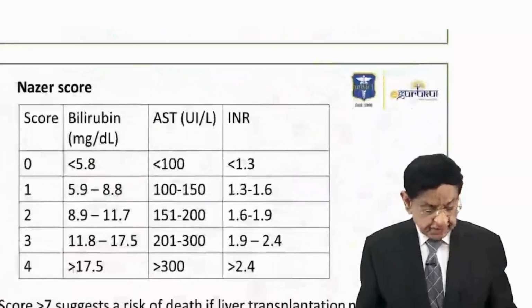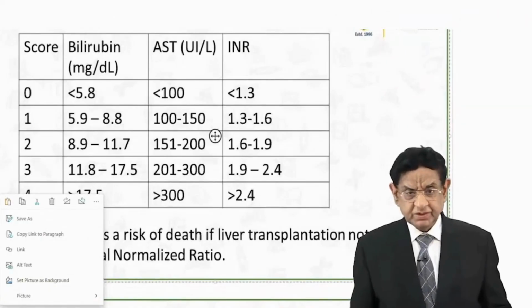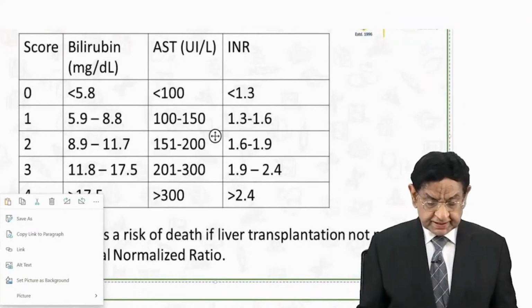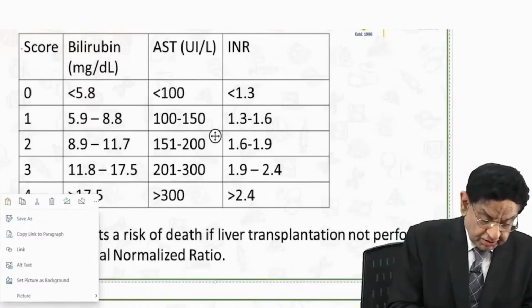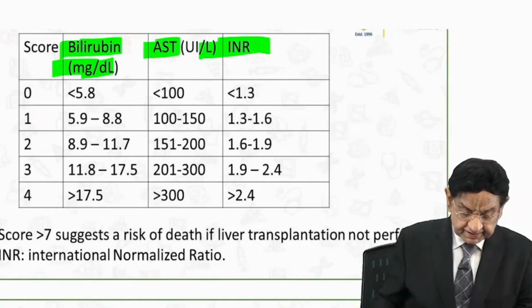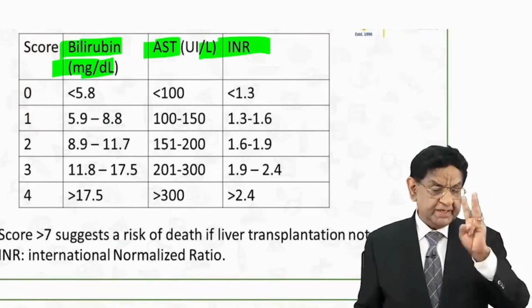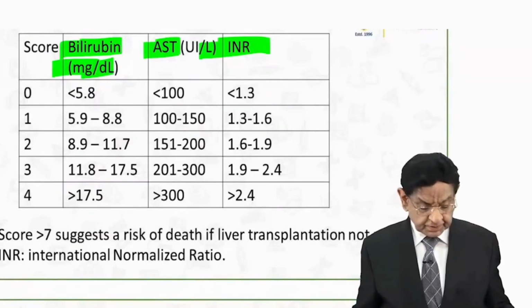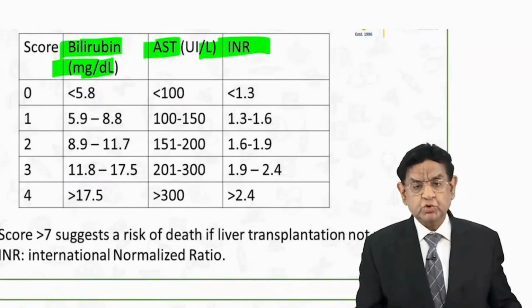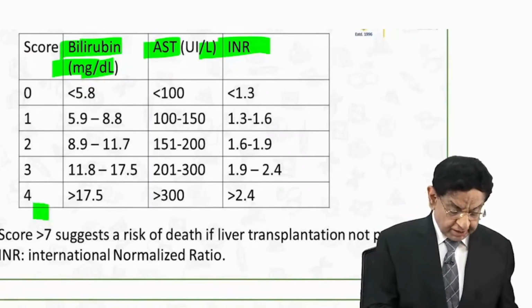So what is the Nazer score based on? Don't write, you just have to remember this. It is based on these criteria: bilirubin, AST and INR. They are the three parameters that we use. Different scores are given. Do we need to remember them?